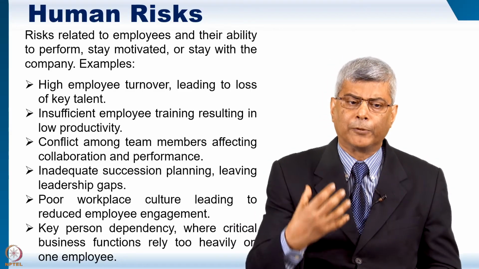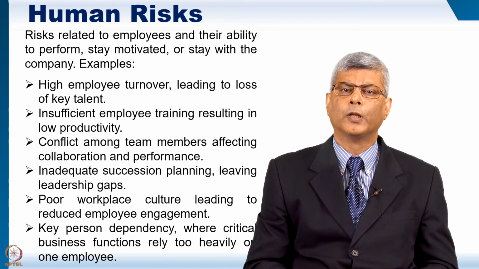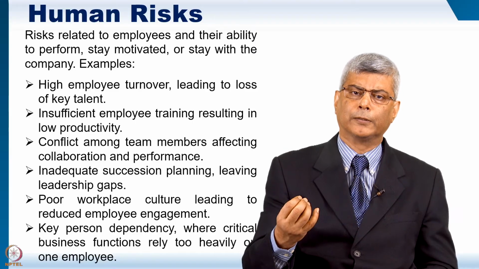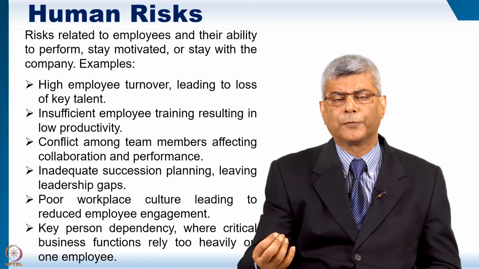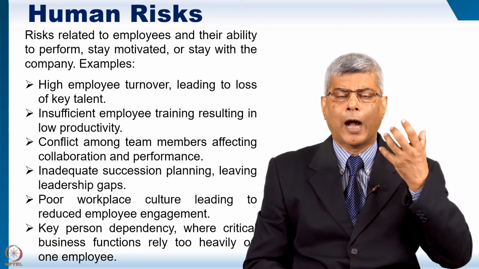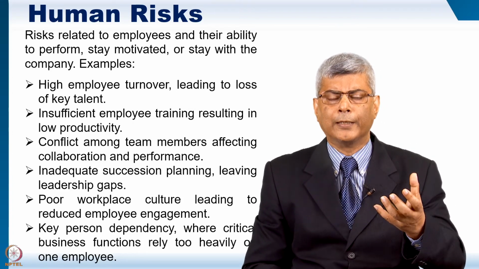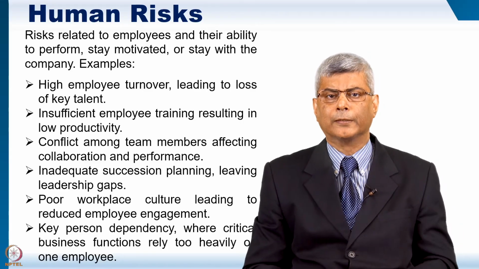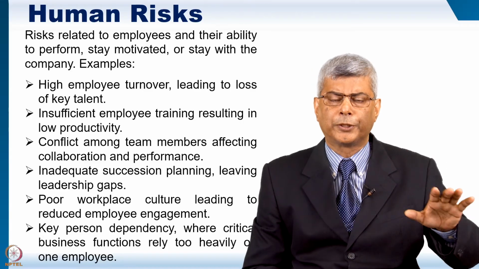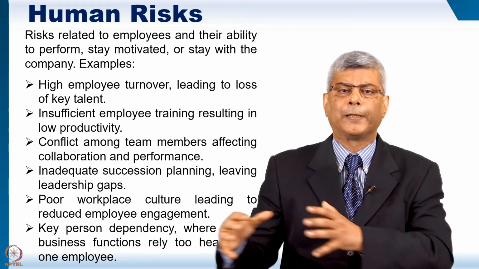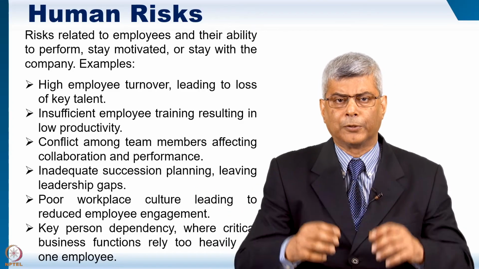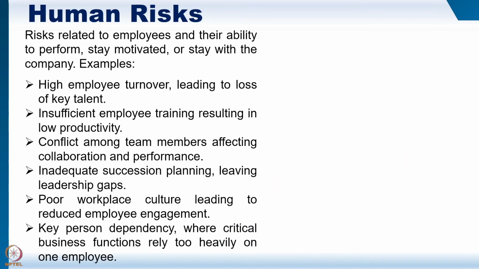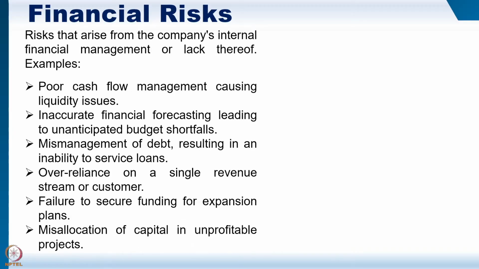That becomes a very big risk. It may also happen that the key person, the key founder of the company, the key IP owner, the key inventor, the key R&D head, or the key R&D person leaves the company. When he or she leaves, a key capability leaves with him or her, and that becomes a risk for the company. So these are people-related risks.